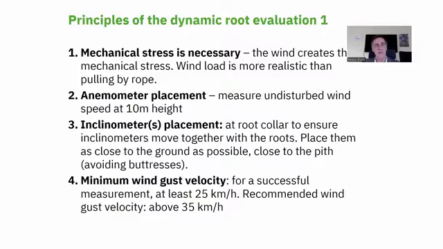The anemometer is placed at 10-meter height at a location where the wind speed is undisturbed, in an open field. The inclinometers are placed at the root collar, close to the tree center, to the pits. We need to avoid buttresses. This is identical to the pulling test, but we need wind.